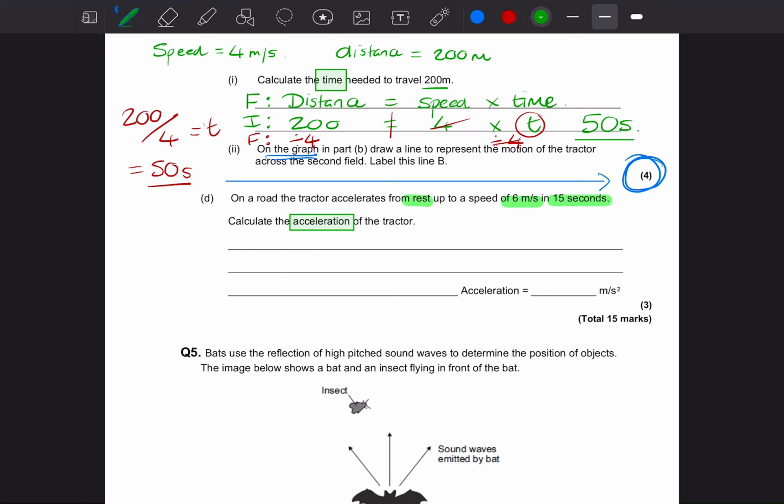So rest is 0 meters per second, and that would be your initial velocity. That 6 meters per second is our final velocity, and the 15 seconds is obviously our time, and it's the right units because it's in seconds. So we've got acceleration, an initial and final velocity, and a time.